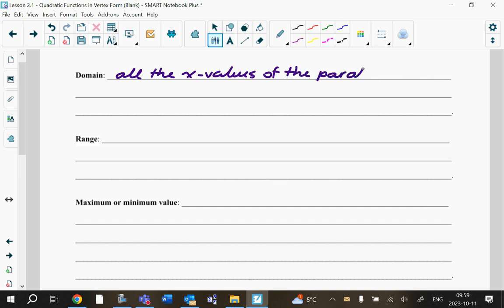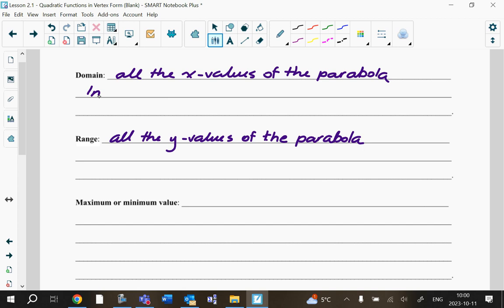And range is all the y values of the parabola. So in the one parabola we've done so far, the most basic one, f of x equals x squared.